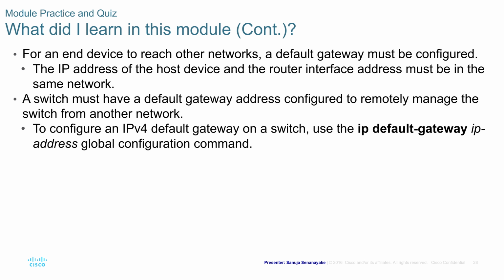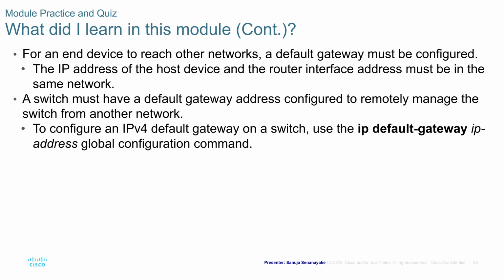To configure an IPv4 default gateway on a switch, use the ip default-gateway command followed by the IP address, as a global configuration command. So remember those things. You're going to type ip default-gateway and then enter the IP address.